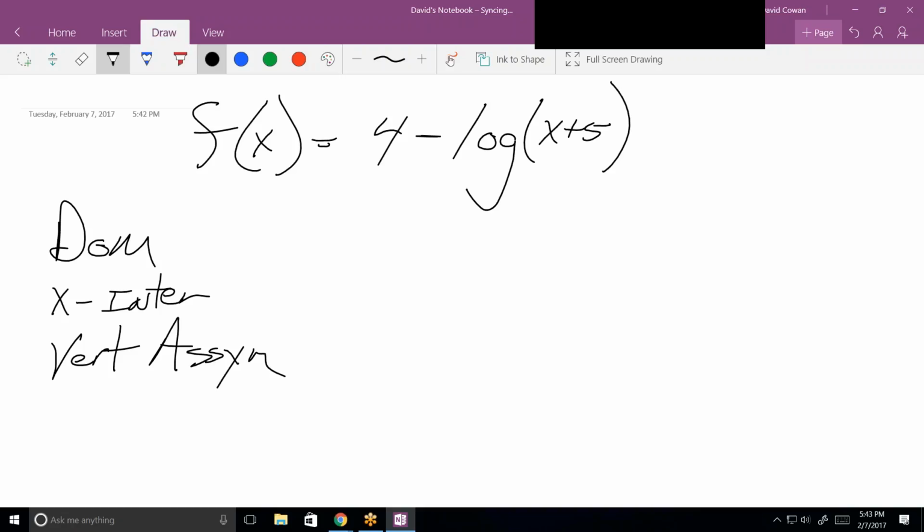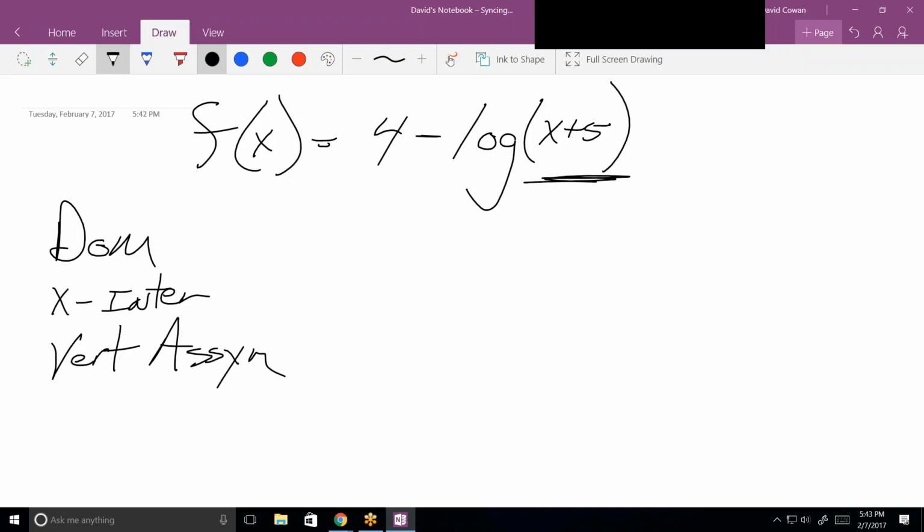The domain. When you talk about domain, the domain is what can x be? In other words, can x be minus 10? No, because the argument has to be greater than 0.